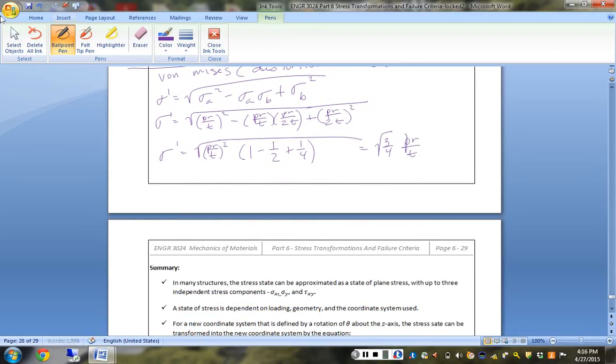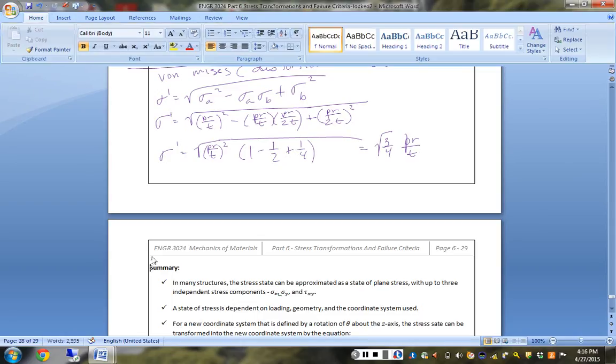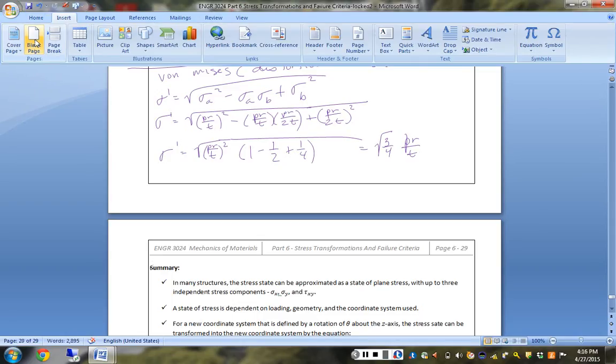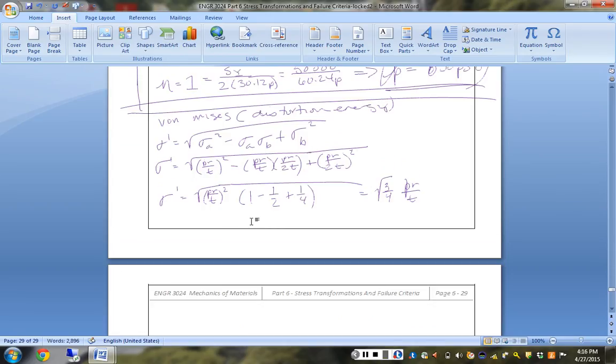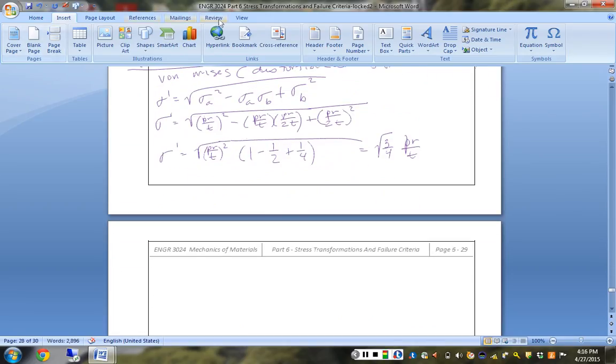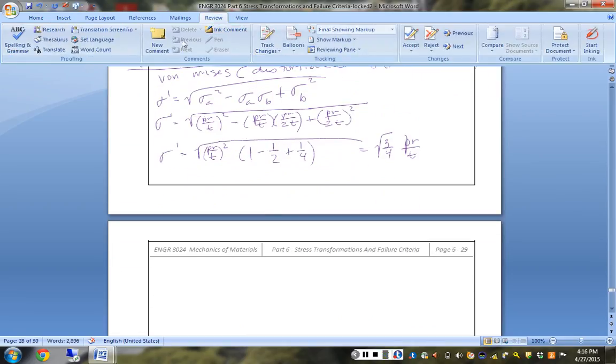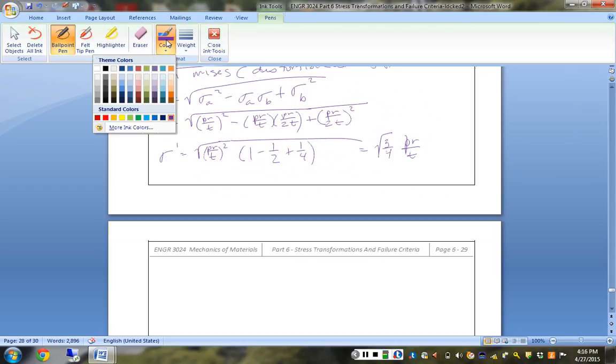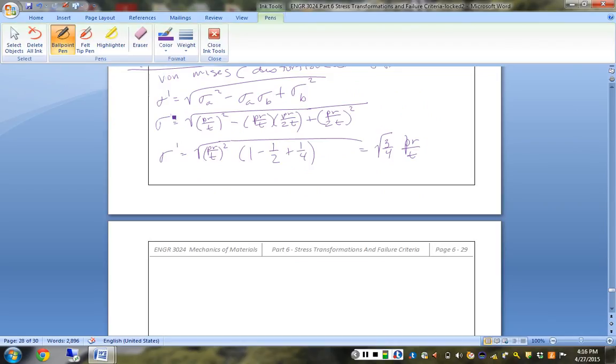Okay, so with the von Mises stress, what's our factor of safety? Our factor of safety, N, is just the yield over that von Mises stress. This von Mises stress, again, we know the radius, we know the thickness, so the pressure is the only unknown.